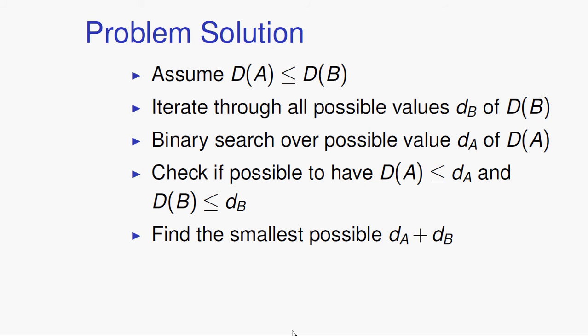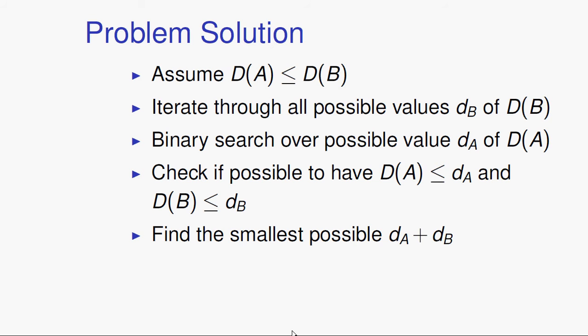We basically iterate through all values of dB, make a binary search through all values of dA, and then check whether it is possible to have this pair of dA and dB, and then we find the smallest possible sum of dA plus dB.